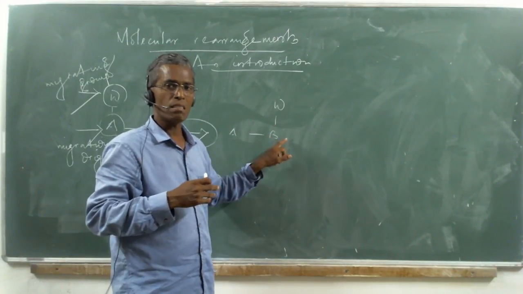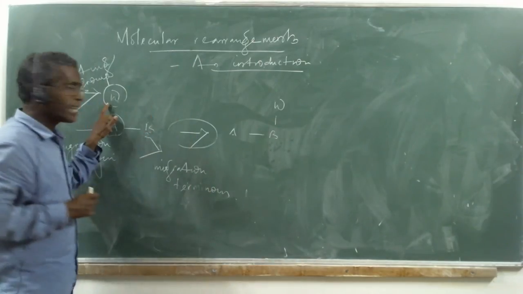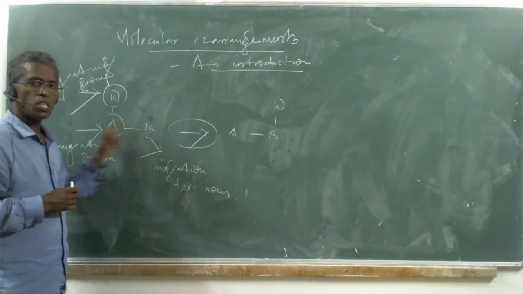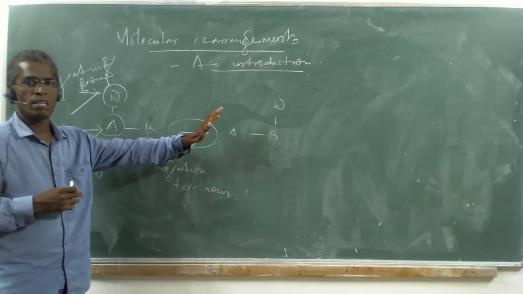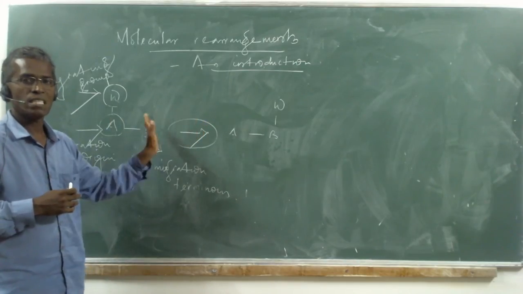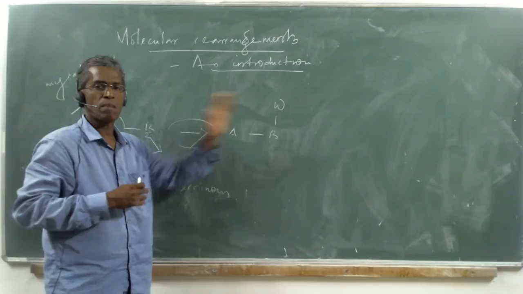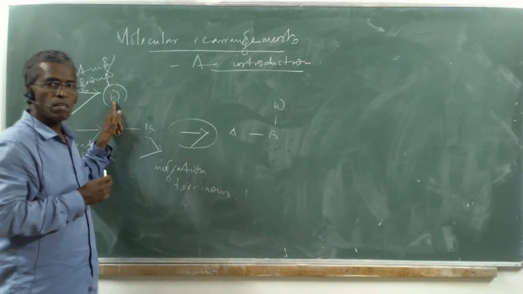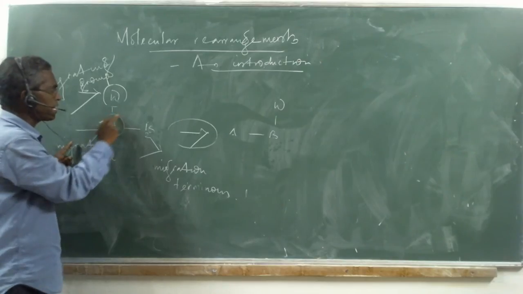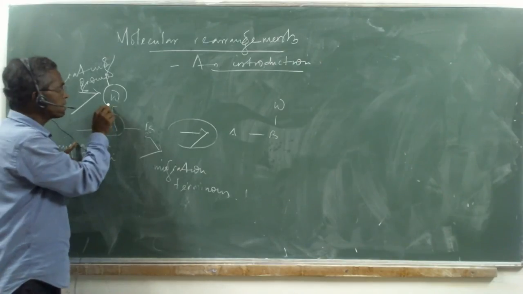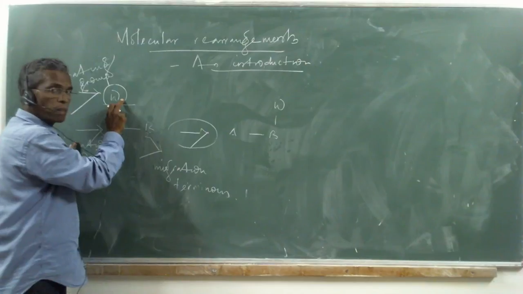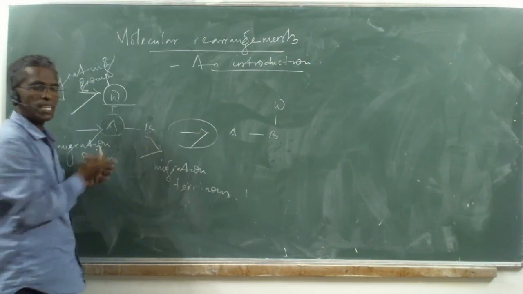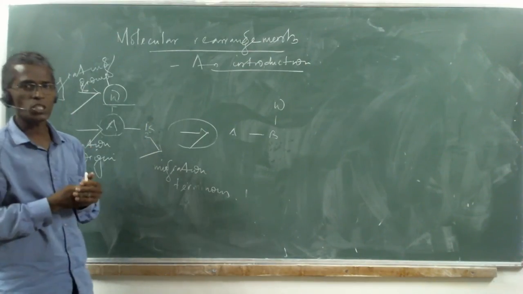When the migrating group moves from position 1 to 2, or in some other cases moves far away from position number 2, the migrating group may move with its pair of electrons, or without a pair of electrons, sometimes with a positive charge.